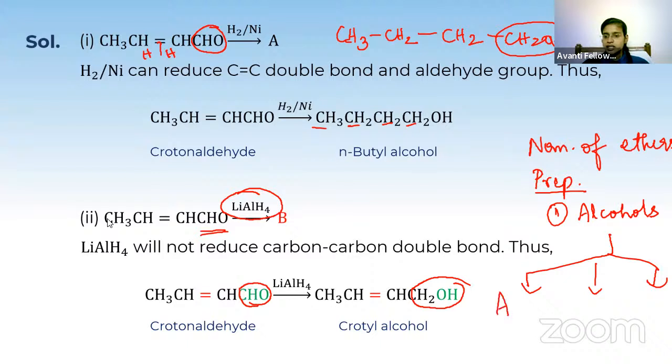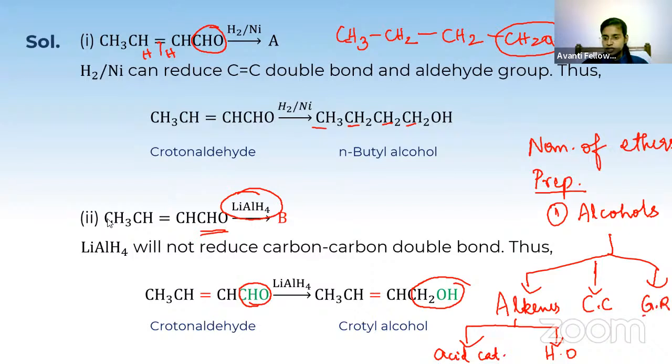One is using alkenes, which we have completed; there were 2 classifications, acid catalyzed hydration and hydroboration oxidation. The second method is using carbonyl compounds: aldehydes, ketones, carboxylic acids, and esters. And the third is Grignard reagent. This we will discuss in tomorrow's session.